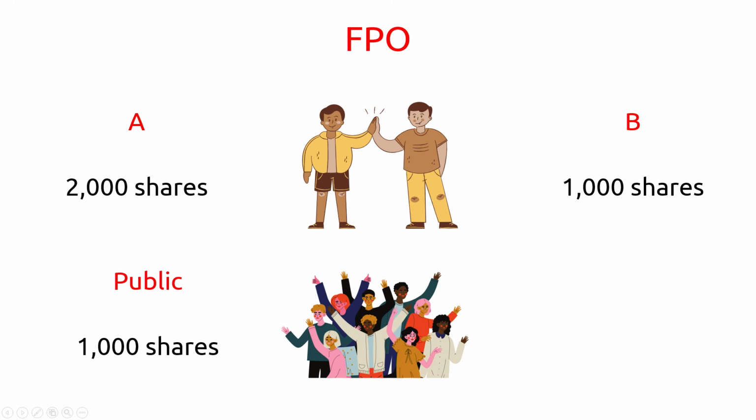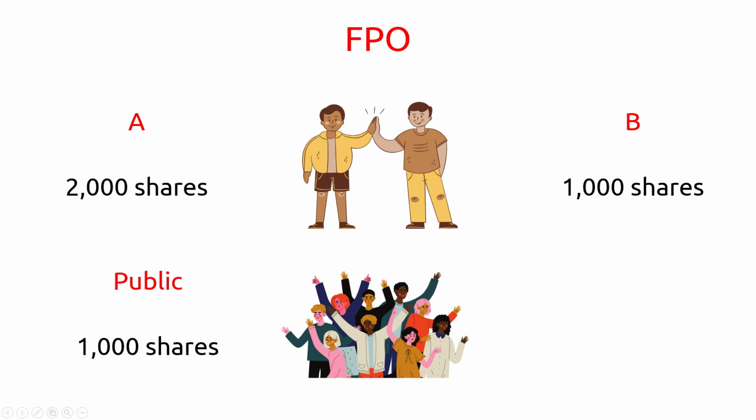It is called follow on because the company already had its IPO. So in the IPO, it had offered 1000 shares to the public.